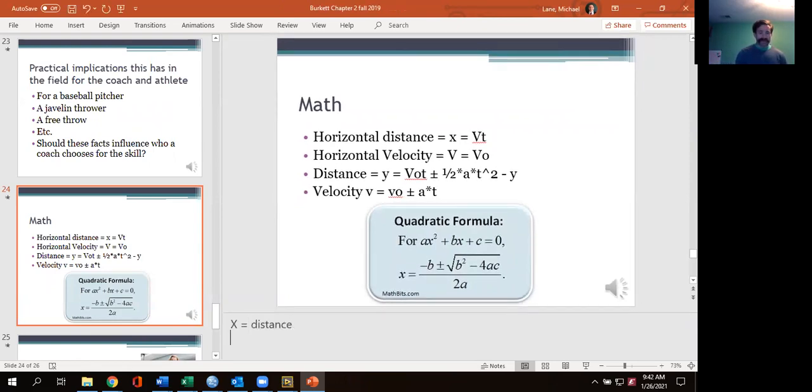x is going to be distance. V equals velocity. T equals time. And A equals acceleration. Okay?